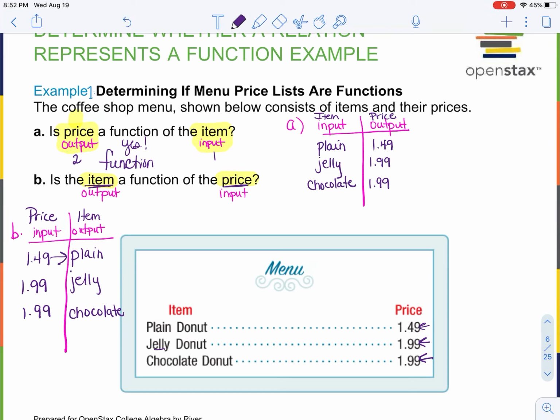But the price $1.99 is associated with both jelly and chocolate. So $1.99, if that is the input variable, it is associated with two separate output variables. So in this case, is the item a function of the price? No, it is not a function. And it is not a function, again, because $1.99 has two separate output variables.